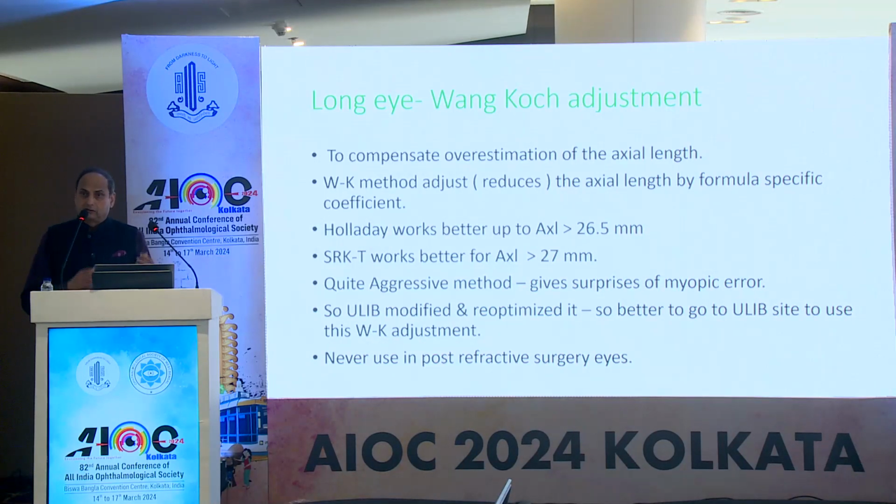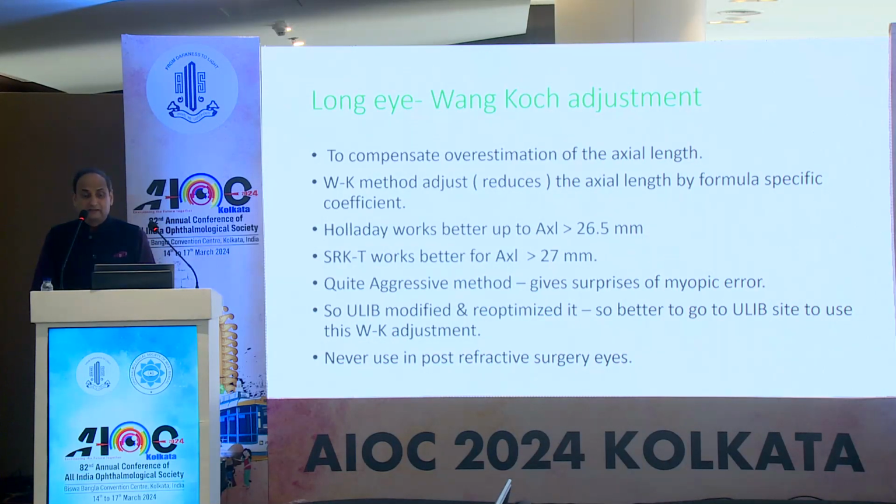They adjust, or in short, reduce the axial length by a formula-specific coefficient. Holladay works better for axial lengths more than 26.5, and the SRK/T works better with axial lengths of more than 27 millimeters. And when I say SRK/T, it is the SRK/T with the Wang-Koch adjustment, not the SRK/T which was there in our old biometers.